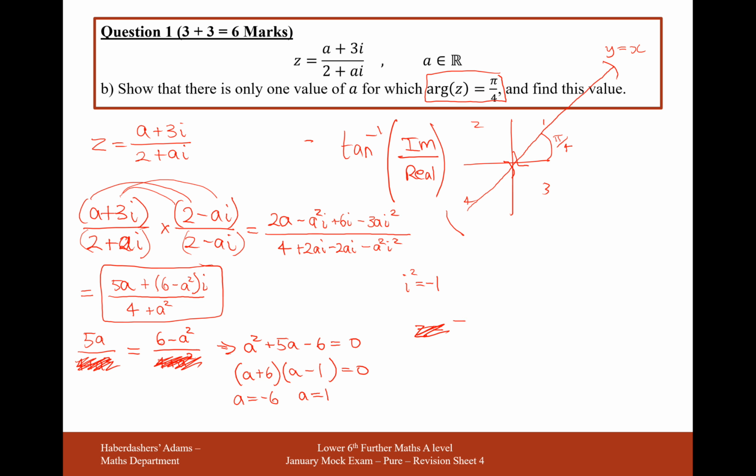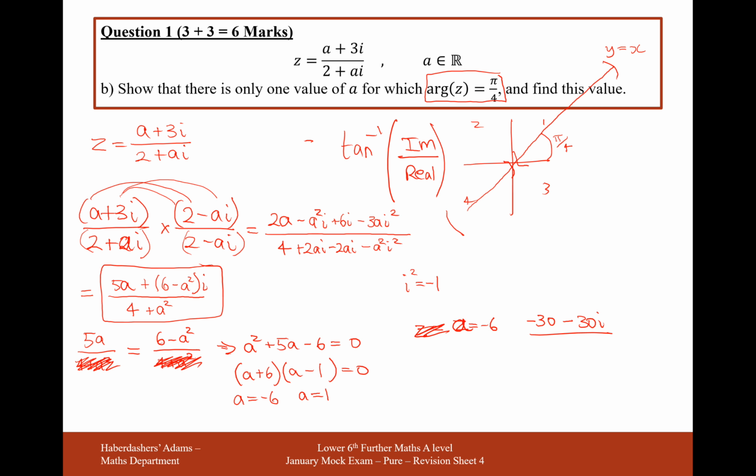So when a equals minus 6, I'm going to get minus 30, and then this is going to be 6 squared is 36, 6 take away 36 is minus 30, so it's going to be minus 30i over something.